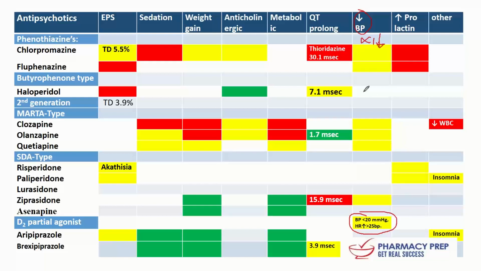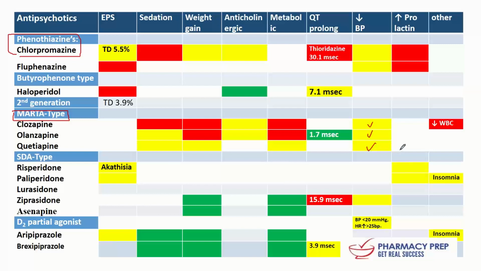Among the drugs causing orthostatic hypotension, the medium ones include the first generation, such as low potency drugs, the phenothiazines. They have orthostatic hypotension. Also remember the multi-acting receptor antipsychotics, such as olanzapine and clozapine, are known to have orthostatic hypotension because of the severe effect on alpha-1 receptors.